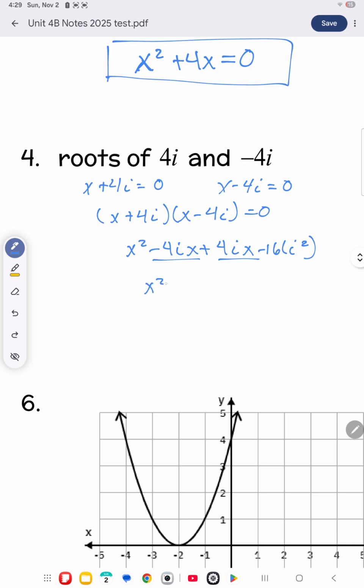So we have x squared minus 16 times i squared, and i squared is negative 1. Right? These are equal to 0. So it's going to be x squared plus 16, because negative 1 times negative 16 is going to give us a positive 16. And there I have my standard form.